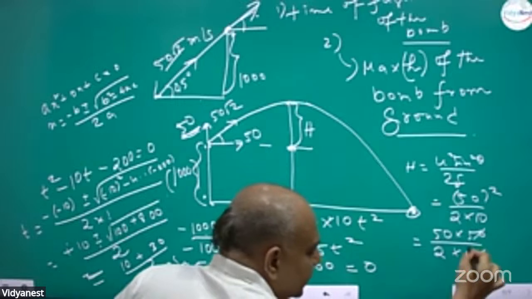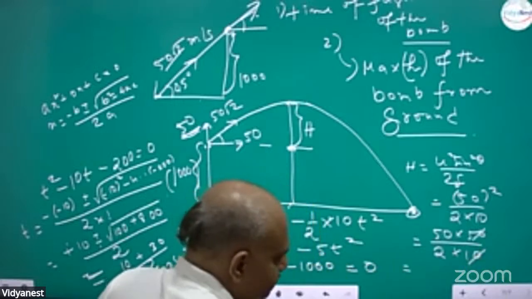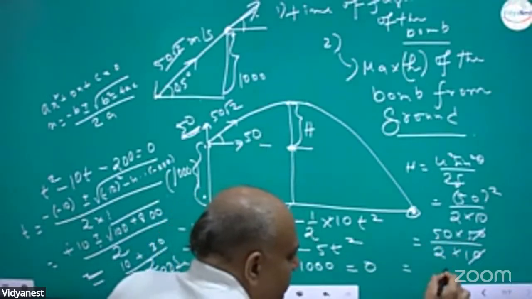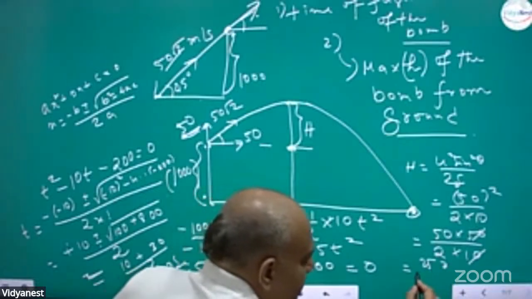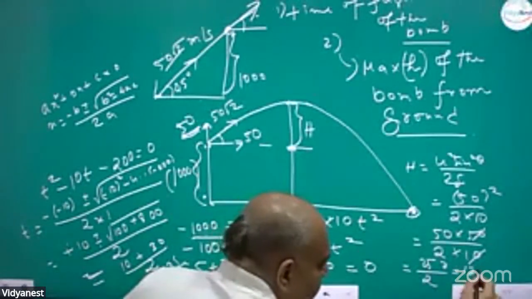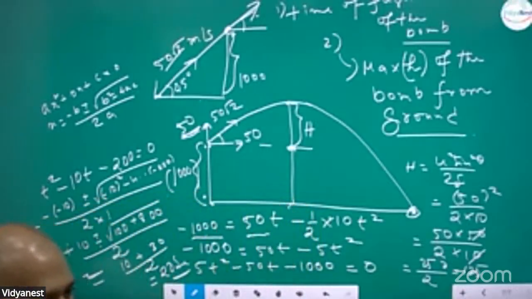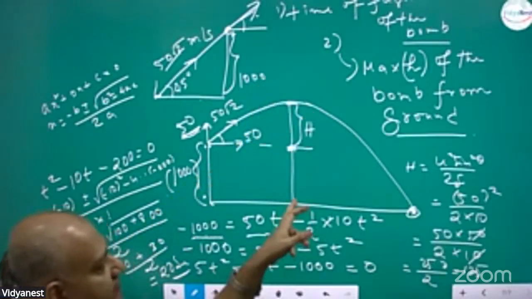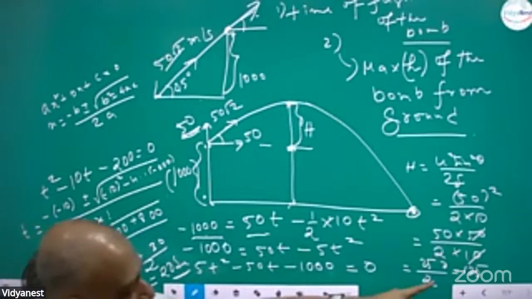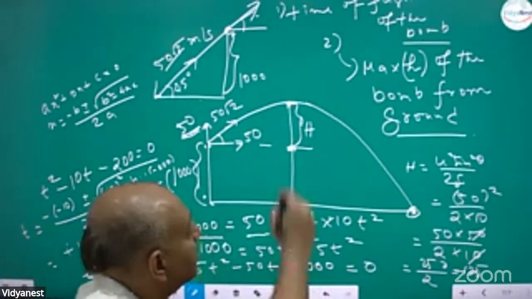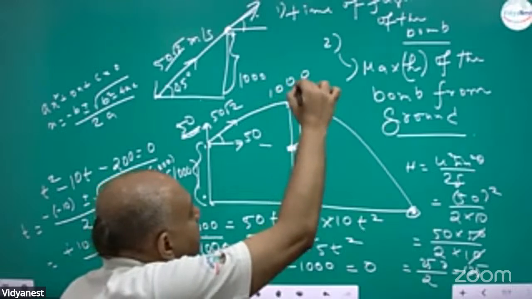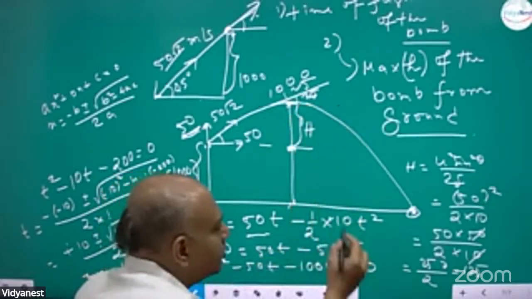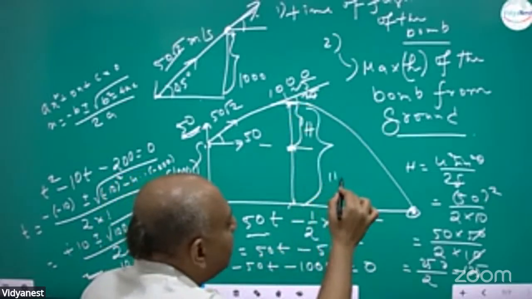So it is cutting, and what comes above is 250, 50 into 5 means 250, divided by 2 means 125. This height is 125. So what is the height from the ground? 1000 plus 125. Yes, sir. 1000 plus 125, 1125. So the total maximum height is 1125 meters.